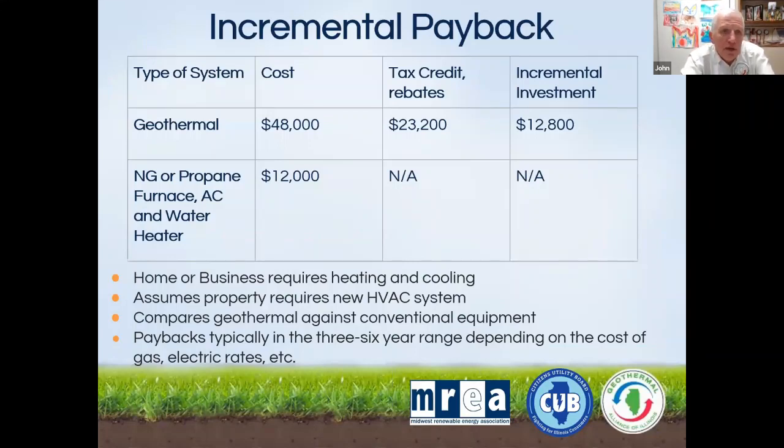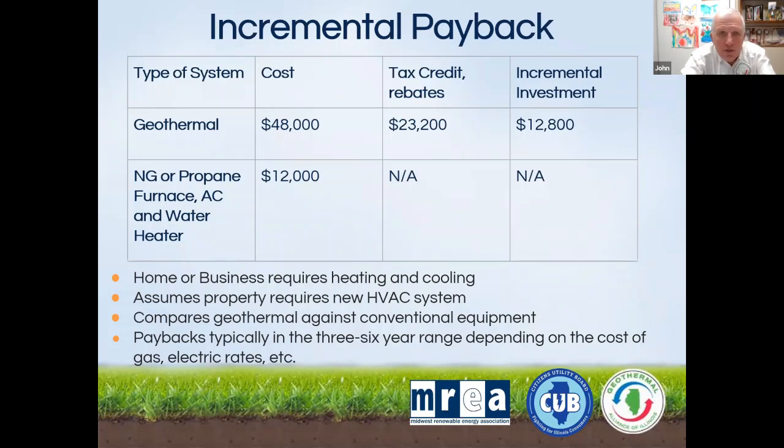So you see what a comparable natural gas furnace would probably be more money than that. We're probably being a little overly conservative here, probably closer to 14 or 15,000, but let's be conservative and say 12,000. So under this scenario, you see what the additional investment would be. And if you're simply looking at this from a dollars and cents standpoint, you see $12,000, $12,800 in incremental investment.